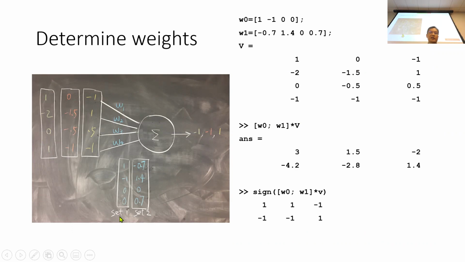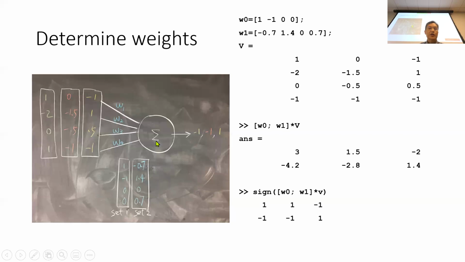If you have a parameter set like set number 1, it will not work because you want the result to be negative, negative, positive, but parameter set number 2 will satisfy what you want to achieve. So when you set the parameters to set number 2, you finish the training of your neural network. You are ready to go for picking new data to test.